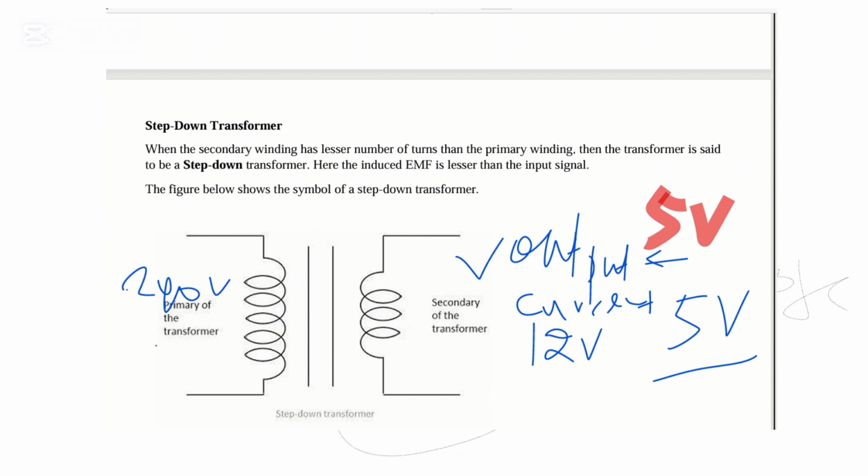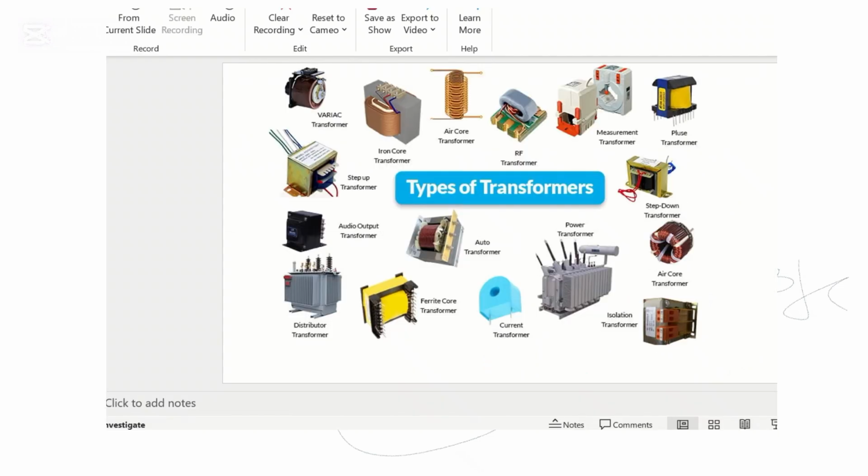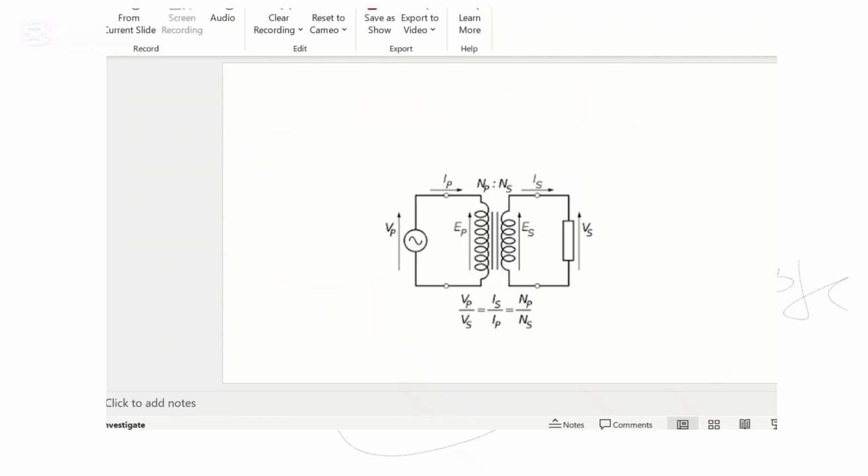When choosing your transformer, you'll have to consider voltage, current, and also your power. Power in watts, you will have to consider it. Yes, so that is the function of a transformer in the power supply, to allow us to get closer to the voltage we want to achieve.